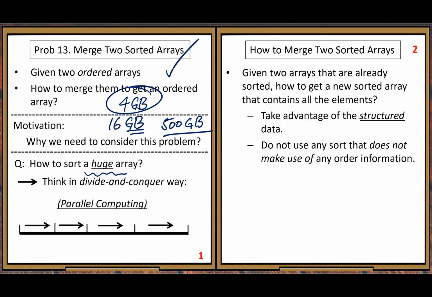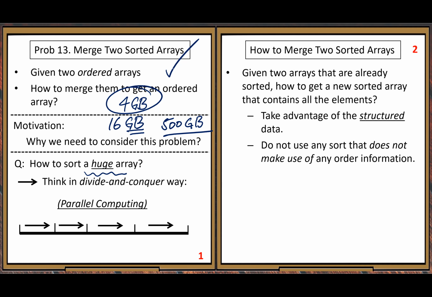That's the modified bubble sort, described in our textbook. So that student made this argument: based on this algorithm, we take advantage of the order information. Yes, it's true. In that modified version of bubble sort, we take advantage of the order information.